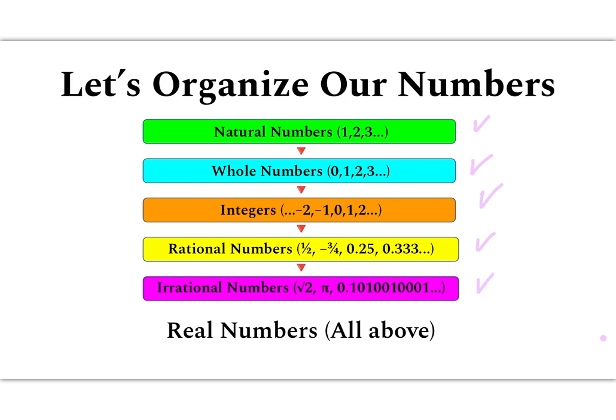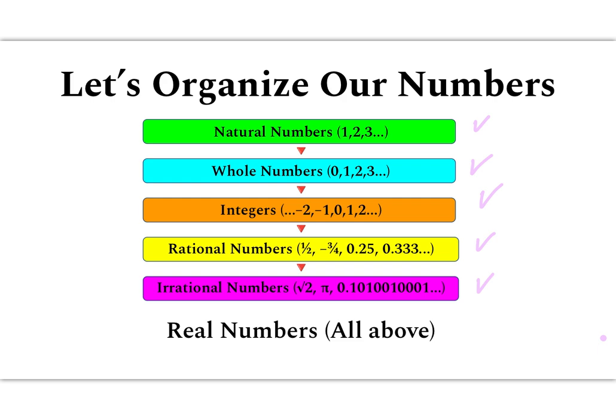These are irrational numbers. We still use them because they're real values, and we use them in geometry or measurements, but they can't be written as a ratio of 2 integers, meaning they cannot be fractions.